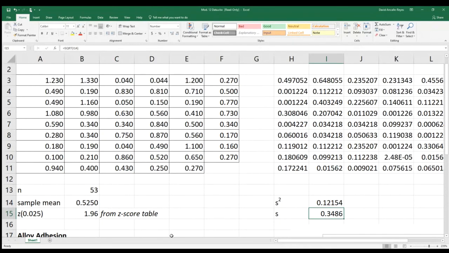What I did in this problem, just to make my life easier, is because the sample variance corresponds to your observation minus the mean squared, I just repeated this table where every value is the value minus the mean squared. And then I added them up and divided by n minus 1 to get my sample variance. I think that's about as much help as I'm willing to give, just because this is not really new material. This stuff we've already done before.